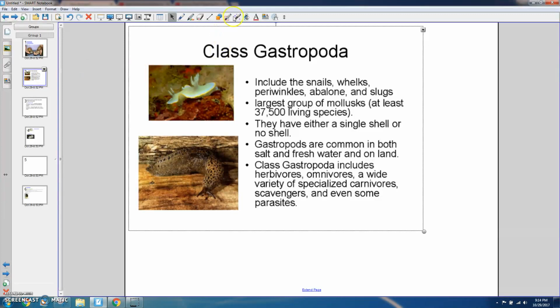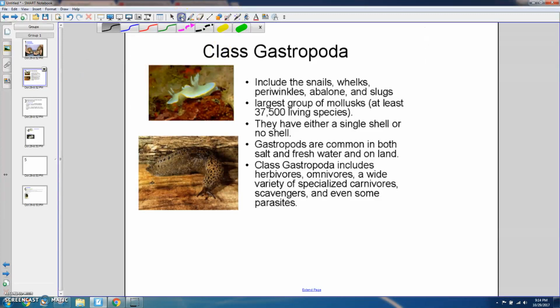The first is that they include a wide variety of different types of mollusks, meaning that they are the most numerous and the most diverse.